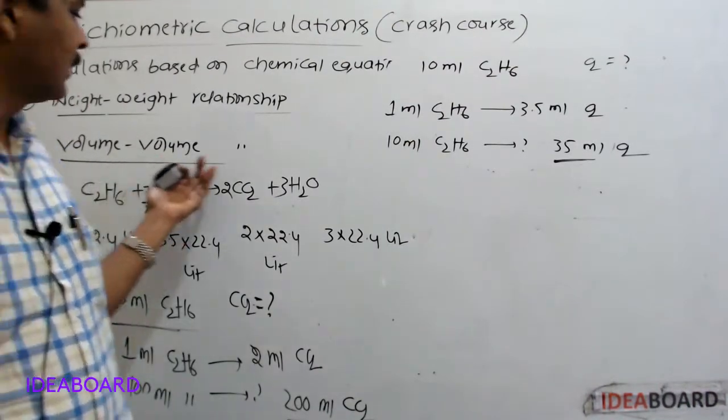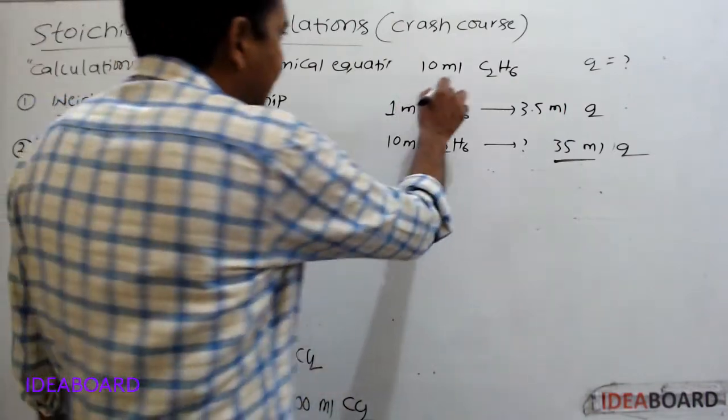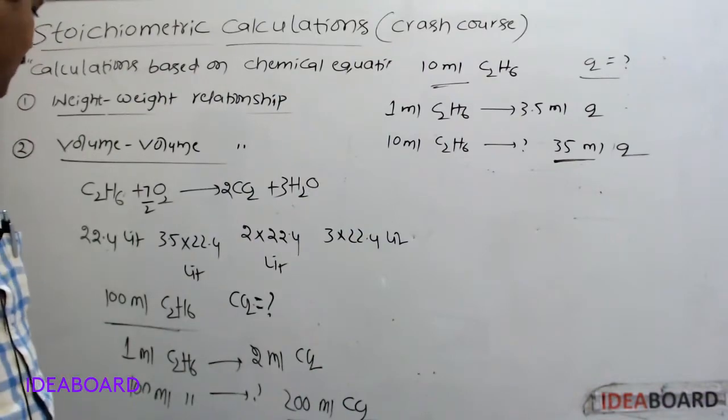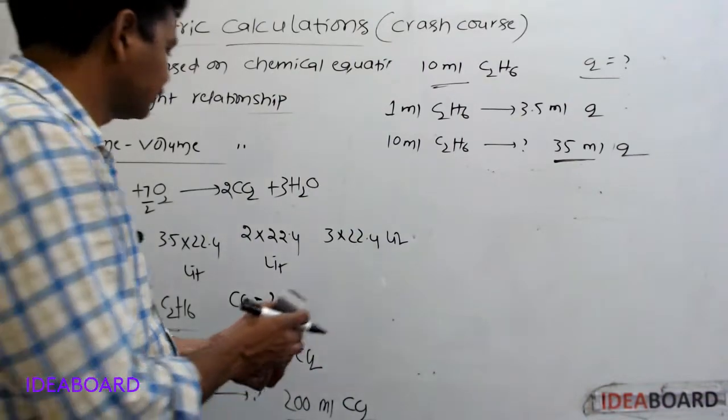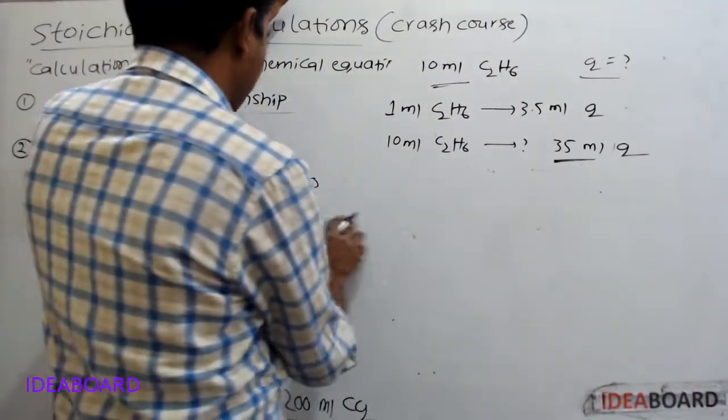So these are the calculations based on volume relationship. Reactant and product both are given in terms of volumes only. Next, third one.